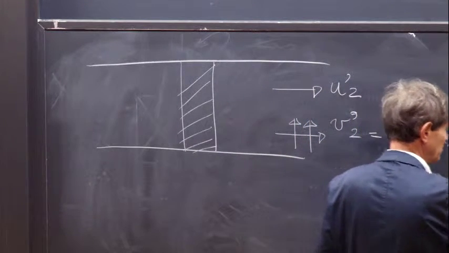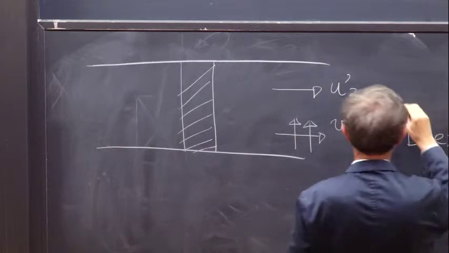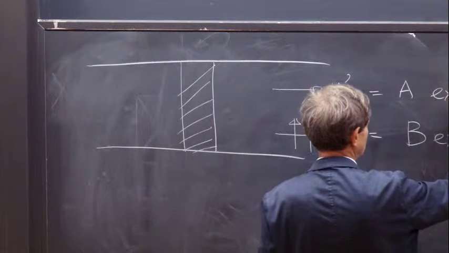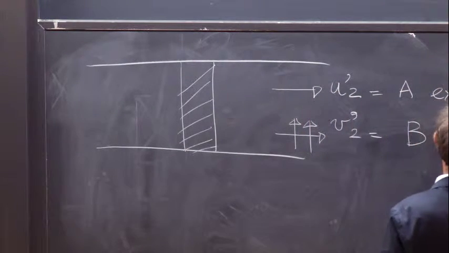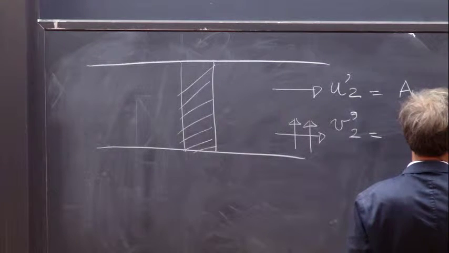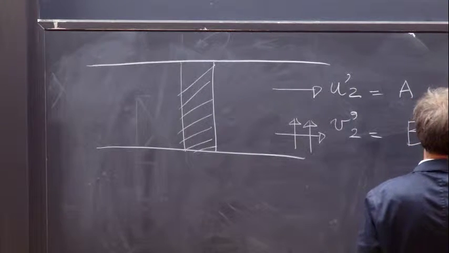It has the same frequency, minus I omega t, as the acoustic wave. You see this one is A times exponential of I x over c minus I omega t.